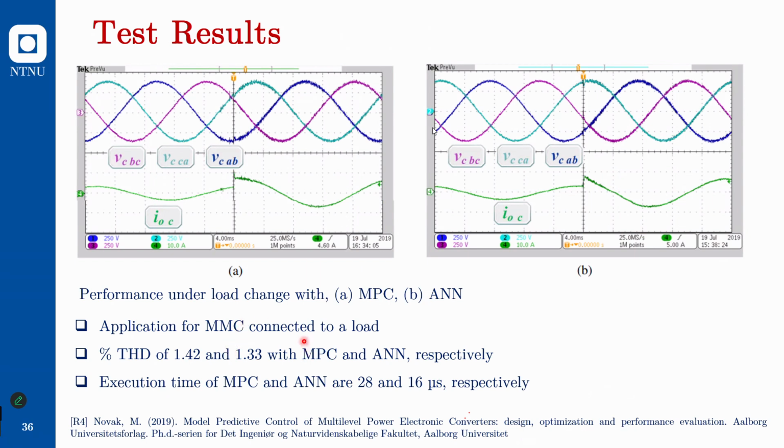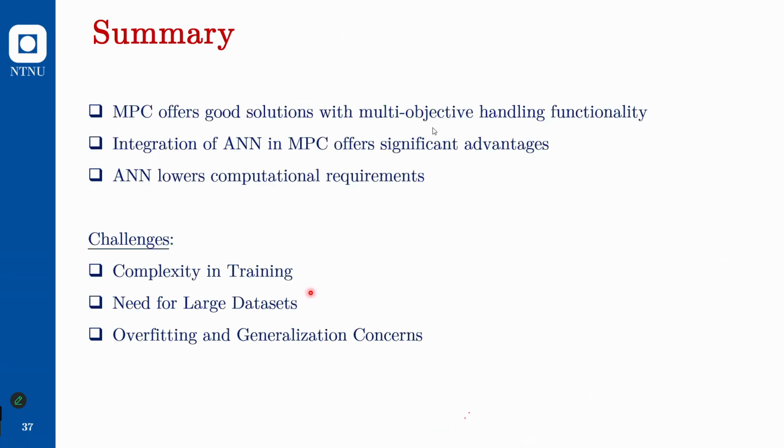Those are the two case studies I have observed in the literature where the ANN can play a significant role in enhancing the performance of MPC or replacing it. To summarize the presentation, MPC offers a good solution and can handle multiple objectives in your system.